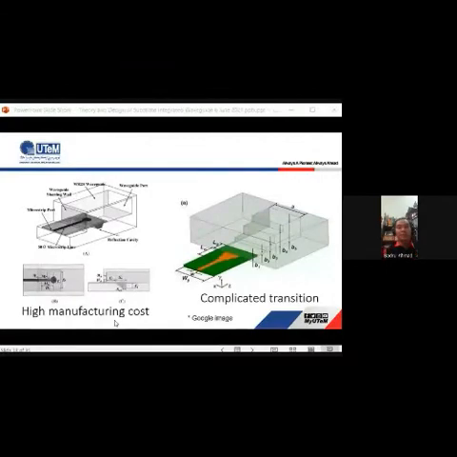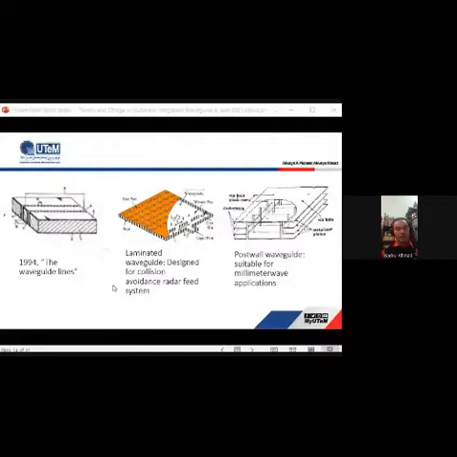The solution is substrate integrated waveguide, or SIW, I would say. The original idea of SIW is from 1994, through a Japanese patent. At that time the concept of plated through holes was very popular, and they put plated through holes through a wall, which demonstrates the wall of a waveguide.